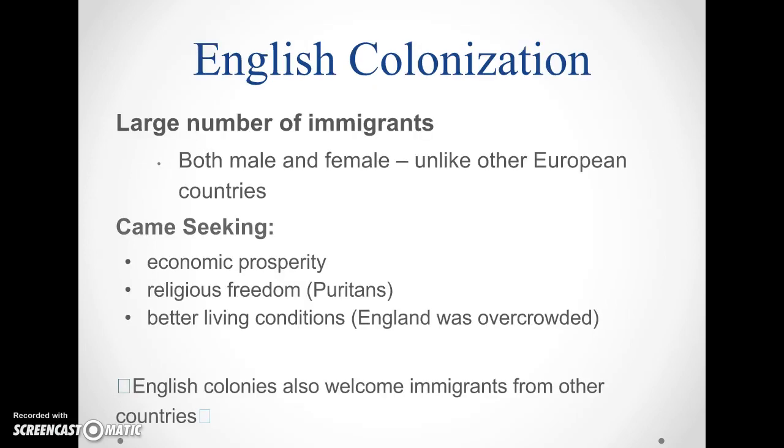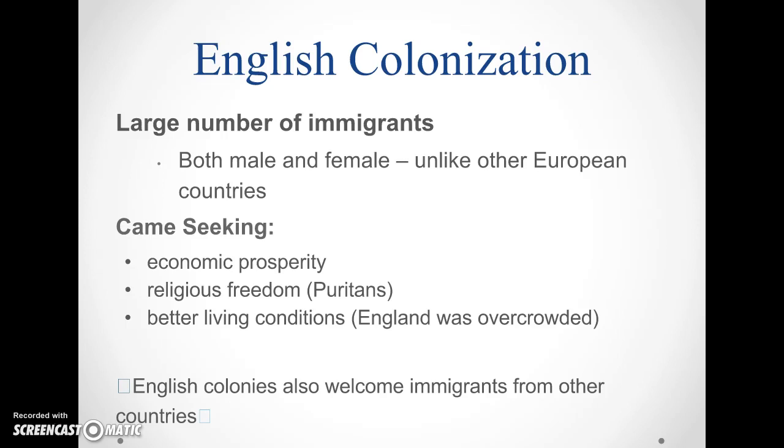English colonization. What you're going to notice is that English colonization is a bit different from Spanish and Dutch and French colonization. Even though we didn't focus a whole lot on that, we kind of breezed through it. A lot of our focus is going to be English colonization, obviously because of the 13 colonies. The English are bringing large numbers of immigrants to the Americas, to the New World.